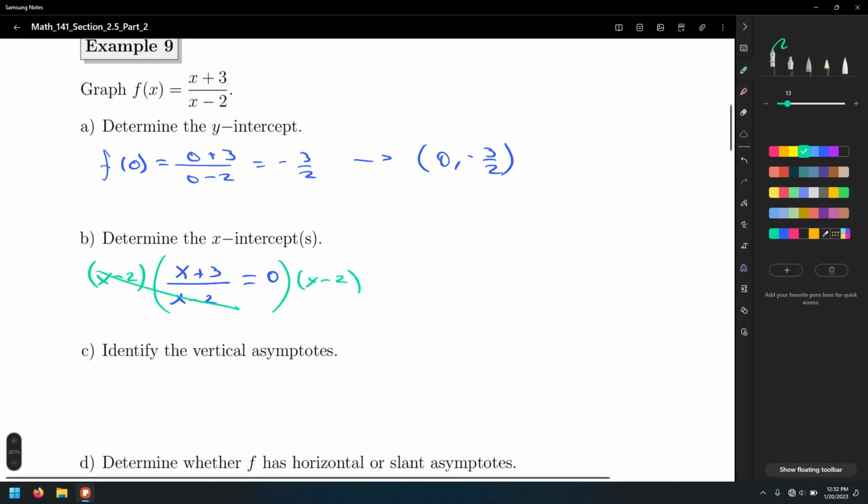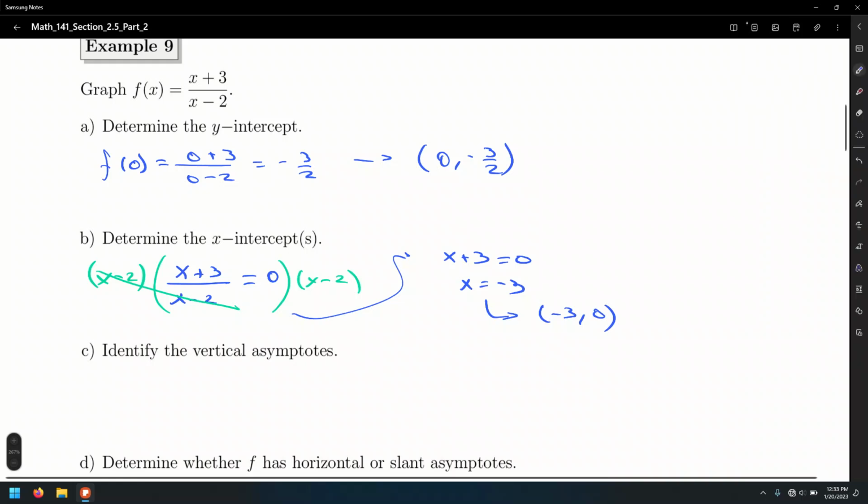And cancel this. And 0 times x minus 2 is simply 0 on the right-hand side. Over here, x plus 3 equals 0 and x equals negative 3. That means the intercept as an ordered pair corresponds to negative 3, comma, 0, because we said y equals 0.